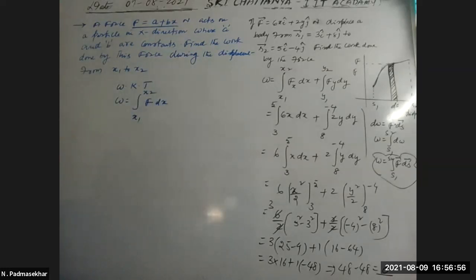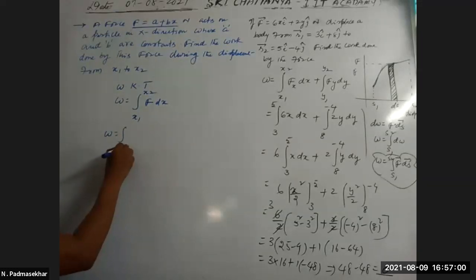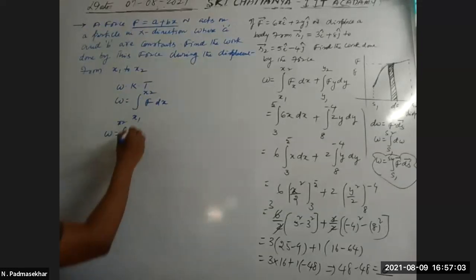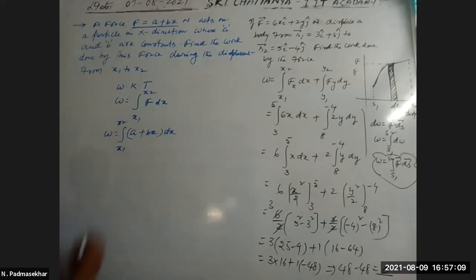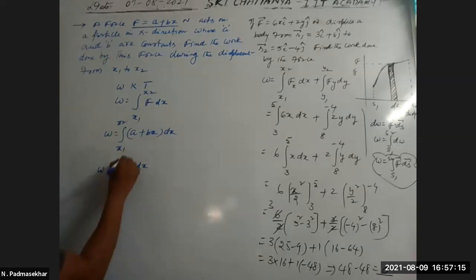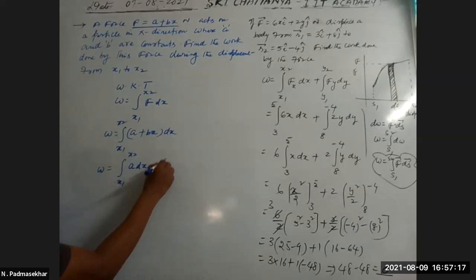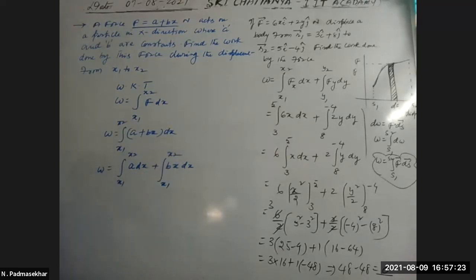So force is variable, so this W is equal to integral from x1 to x2 of F, which is A plus bx, into dx. So this W is equal to integral A dx from x1 to x2 plus integral bx dx from x1 to x2.